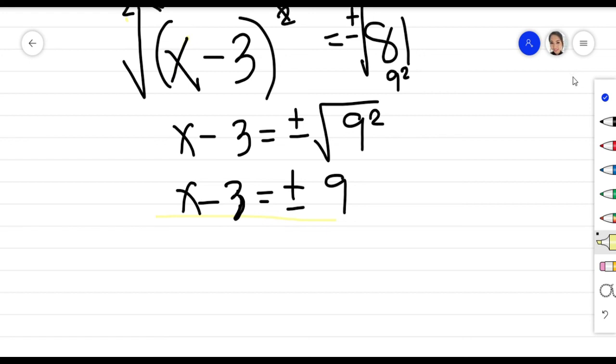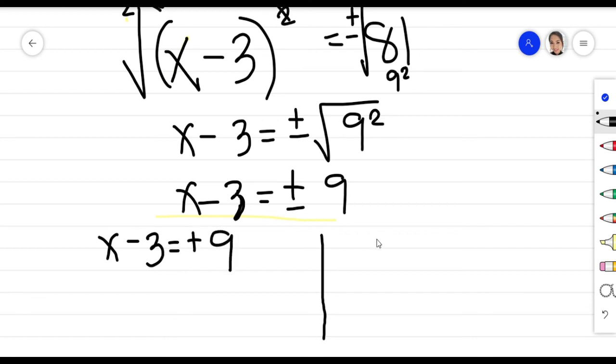The last part of our solution, x minus 3 equals positive and negative 9, can be separated into two equations. To do that, we have to separate them with a vertical line. So on this side, we will write x minus 3 equals positive 9, while under the other side, x minus 3 equals negative 9.